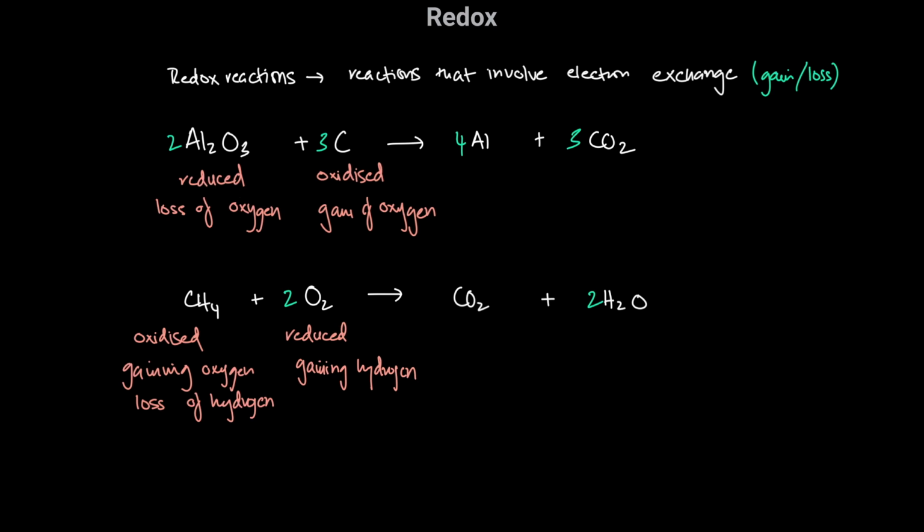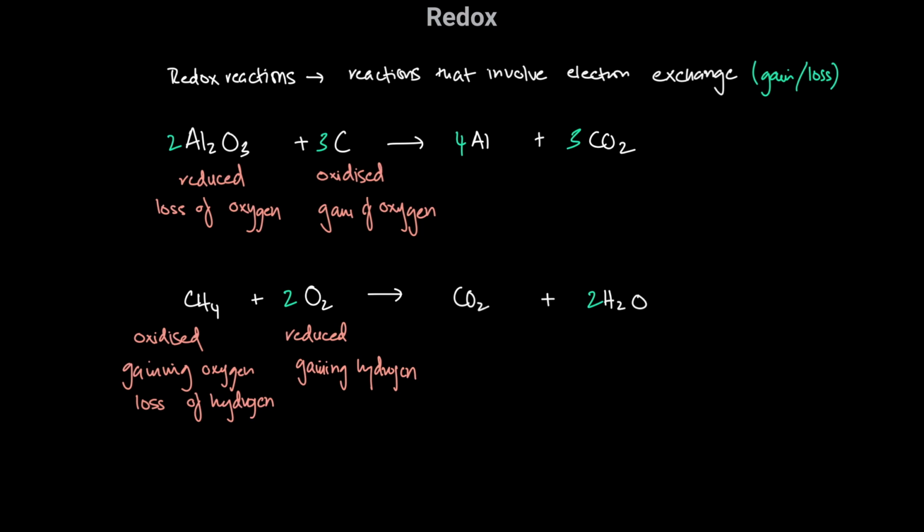Historically we said that if there's a loss of oxygen, we call it reduction; if there's a gain of oxygen, we call it oxidation. Then we said that if there's a loss of hydrogen, we call it oxidation, and if there's a gain of hydrogen, we call it reduction. But there are going to be redox reactions that don't involve oxygen and hydrogen at all.